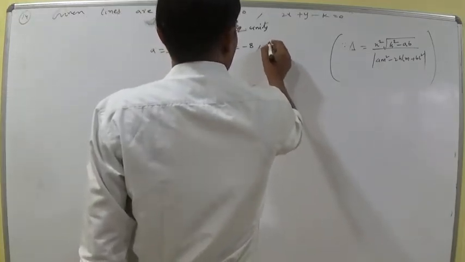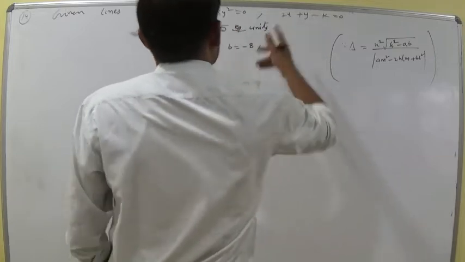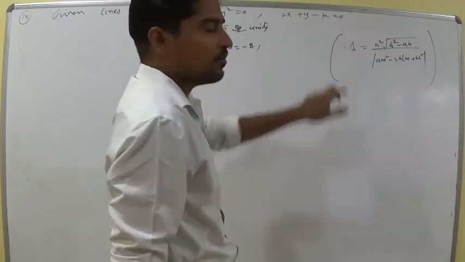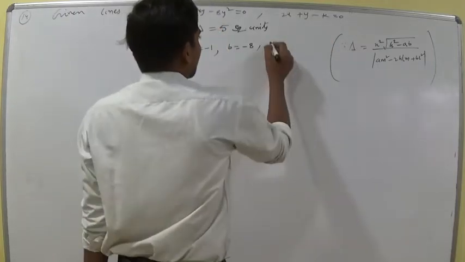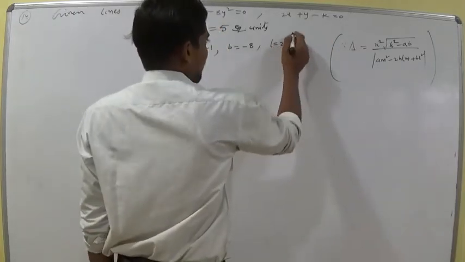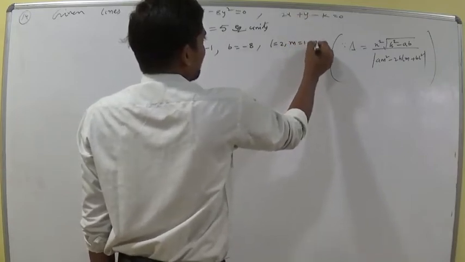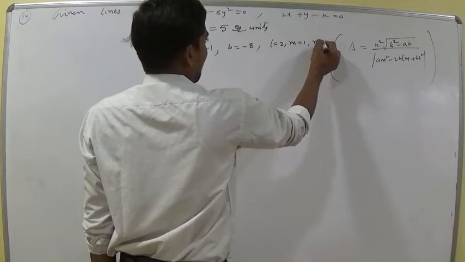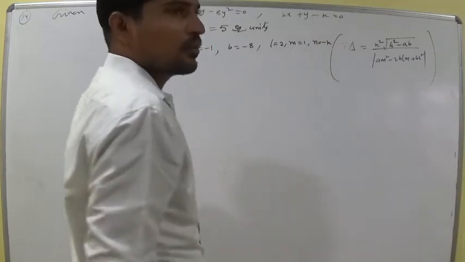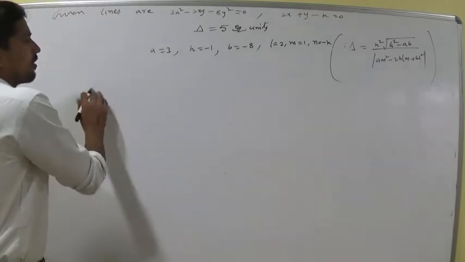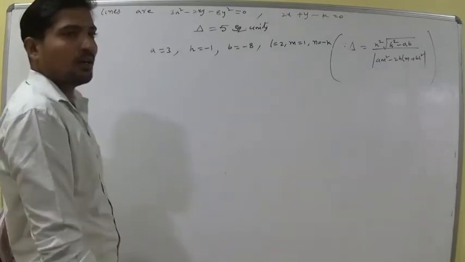This is lx plus my plus n equal to 0, so here l equal to 2, m equal to 1, n equal to minus k. So delta equal to 5, that is also given here.